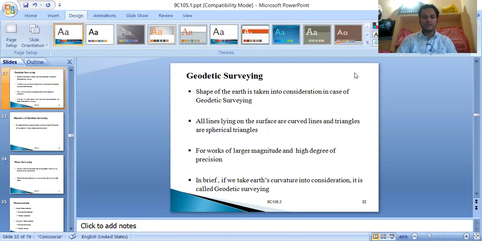All lines lying on the surface are curved and triangles are spherical triangles. For works of larger magnitude and high degree of precision, means for larger areas and high degree of precision, we have to do geodetic survey. In brief, if we take earth curvature into consideration, it is called geodetic survey.